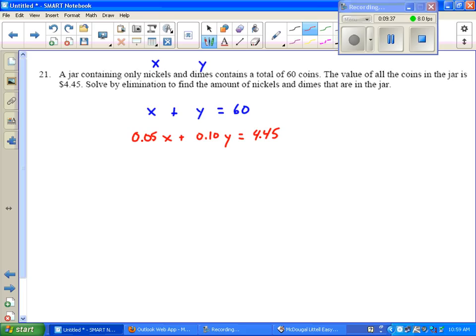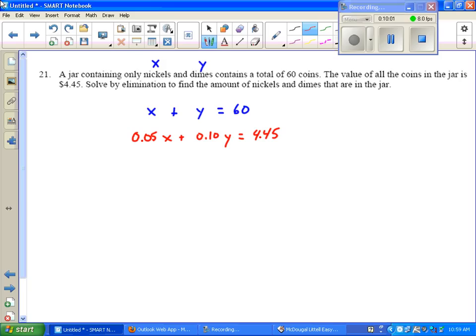Now it says set them up and use elimination to cancel them out. Okay, the easiest way to do this is you want one of your x terms or your y terms to create opposite terms. Now we're dealing with decimals, so it's harder for most people, but most of us know that there are 10 dimes in every dollar.